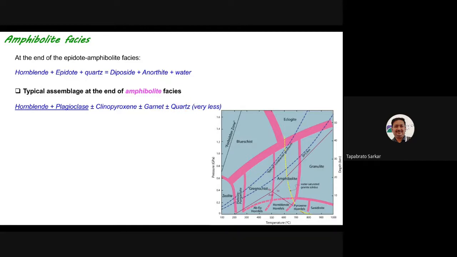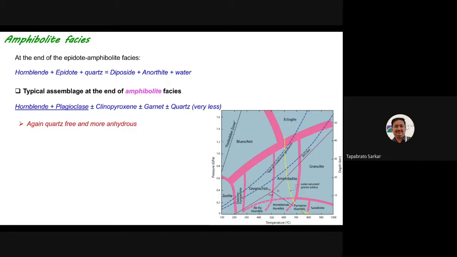This is what remains at the end of the amphibolite facies. But always remember, hornblende and plagioclase are the most dominant minerals, with either clinopyroxene or garnet and some amount of quartz. As you can see, there is very little quartz, so it's nearly quartz free, and the rock is becoming more and more anhydrous.